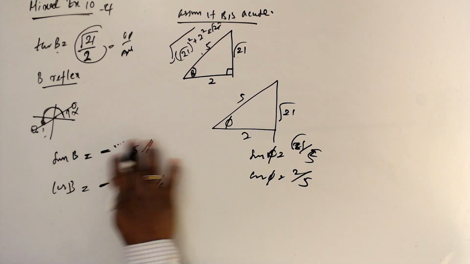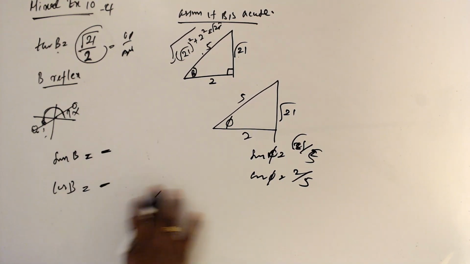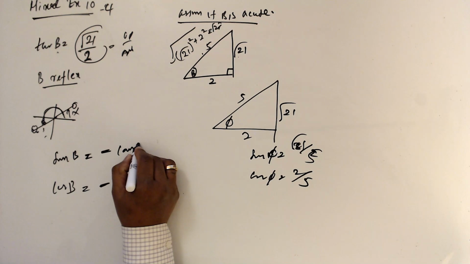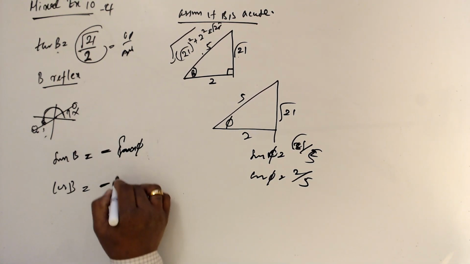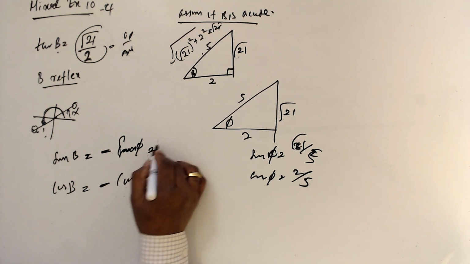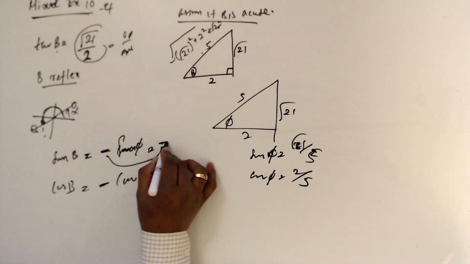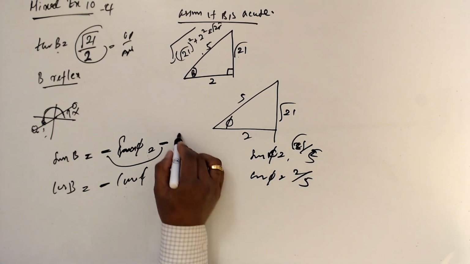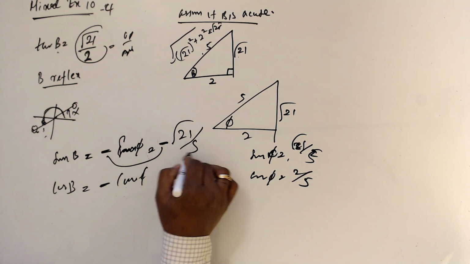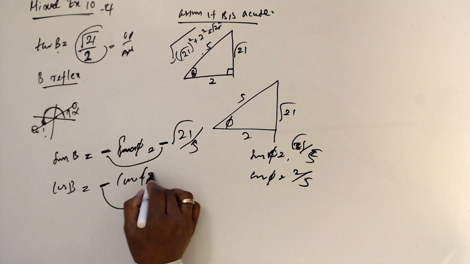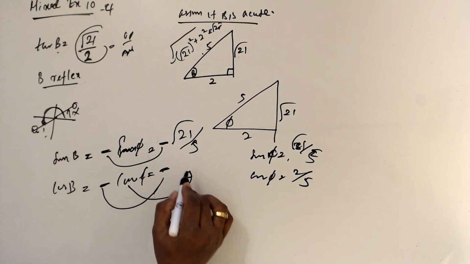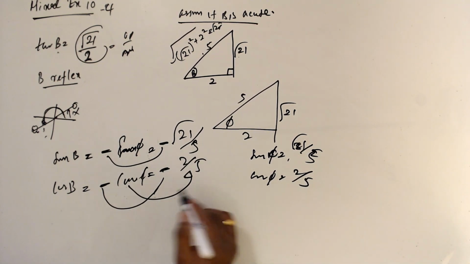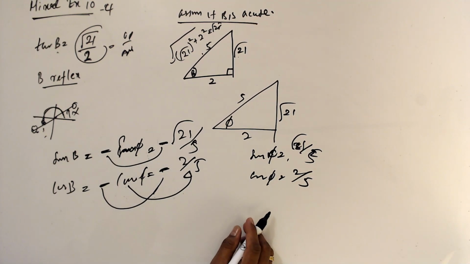Then you can write minus sine B and minus cos B, so the minus sign goes with each of them. You write the sine value with the minus sign, and the minus sign again, and instead of cos B you replace it with 2 over 5. That is also possible.